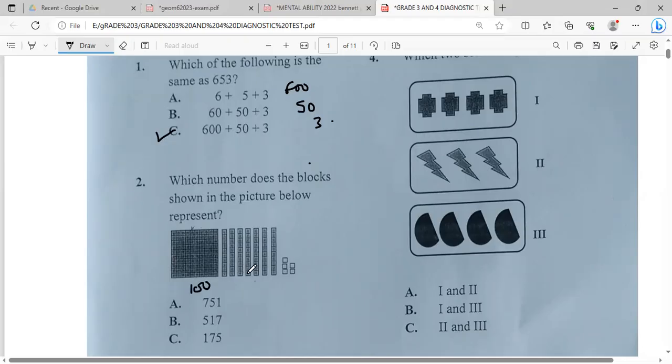Then we have 7 stocks of 10, which is 70, and this is 5 ones. So that would be C, 175. Let's move on to number 3.